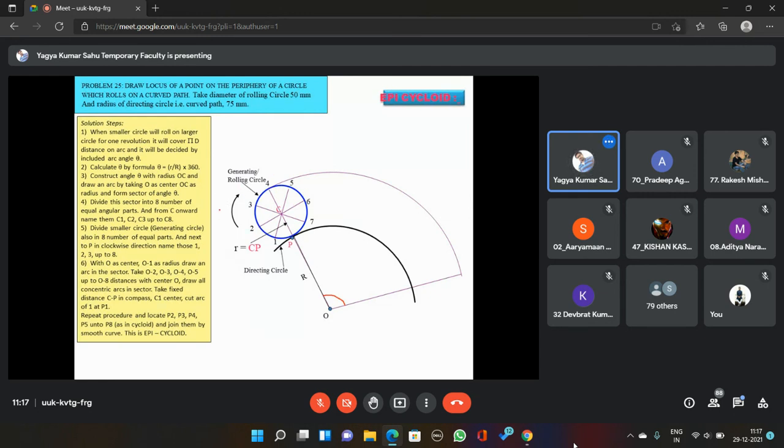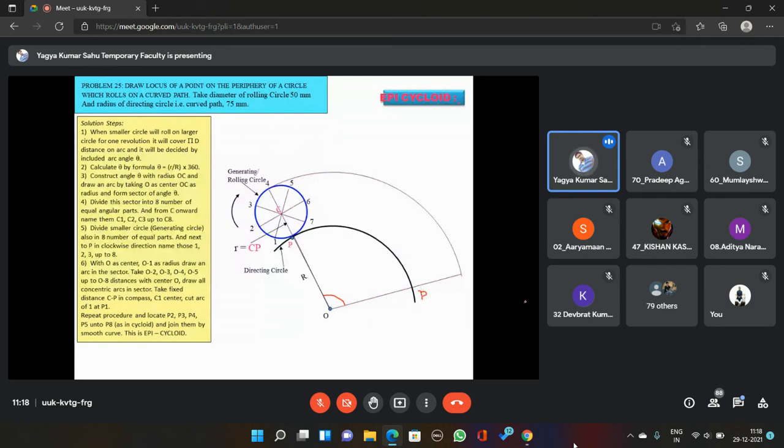What will you do? 12 parts. Okay, now divide this circle into 12 number. Now what about this arc? How will you divide this arc into 8 number of equal parts or 12 number of equal parts? Arc PP.